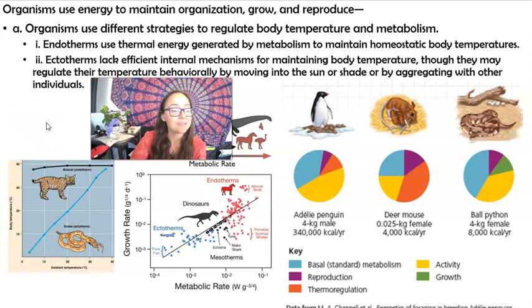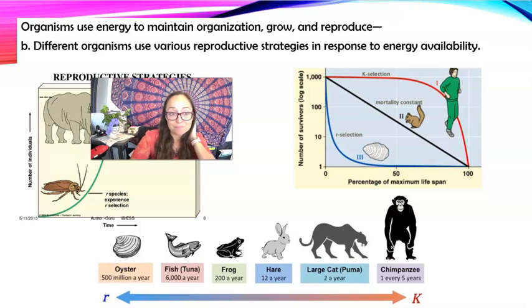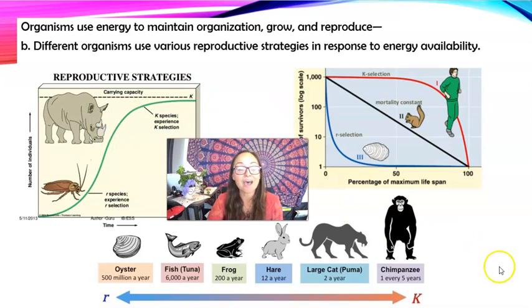Okay. Now, when we look at reproductive strategies, we have two kinds of species, really. Well, not just two kinds, but we classify them as either R- or K-selected species, and really that comes down to their strategy for reproduction. Now, this does tie into carrying capacity.